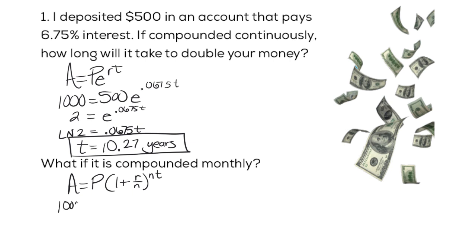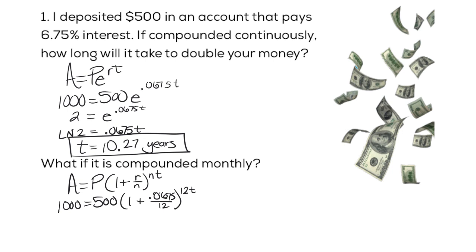Still ending amount is going to be 1,000. Principal still 500. If we go ahead and put in the 1 plus 0.0675 divided by 12, that's the number of times it's compounded annually, to the 12t, and then again, we're going to be solving for the t.